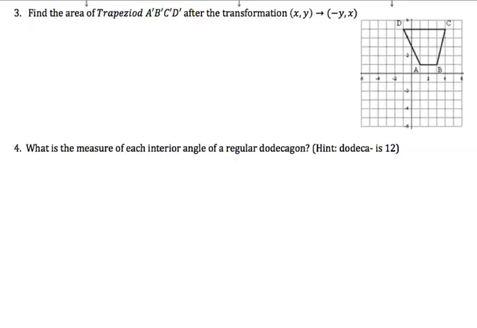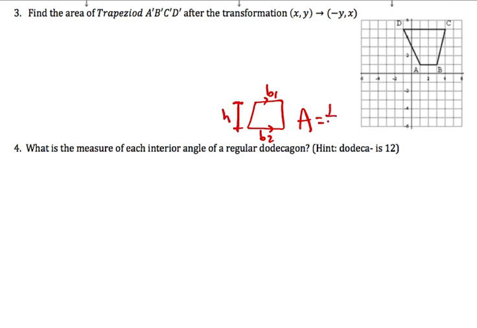Number 3, find the area of a trapezoid after the transformation (x, y) becomes (negative y, x). The thing you'll need to remember here is that the area of a trapezoid, these are the parallel sides, you've got a certain height.